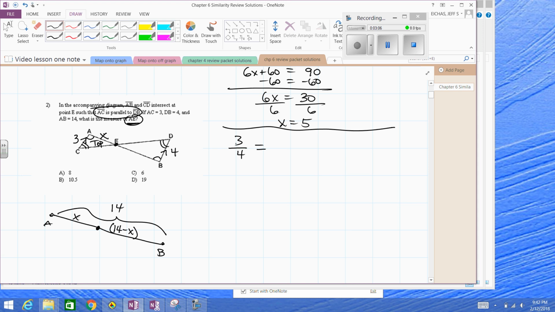So we could say X over 14 minus X. There's another strategy calling it Y, and then we'll just have to do systems of equations. But write the equals, 4 times X, 3 times 14 minus X. Add 3x to both sides is how I would do it.